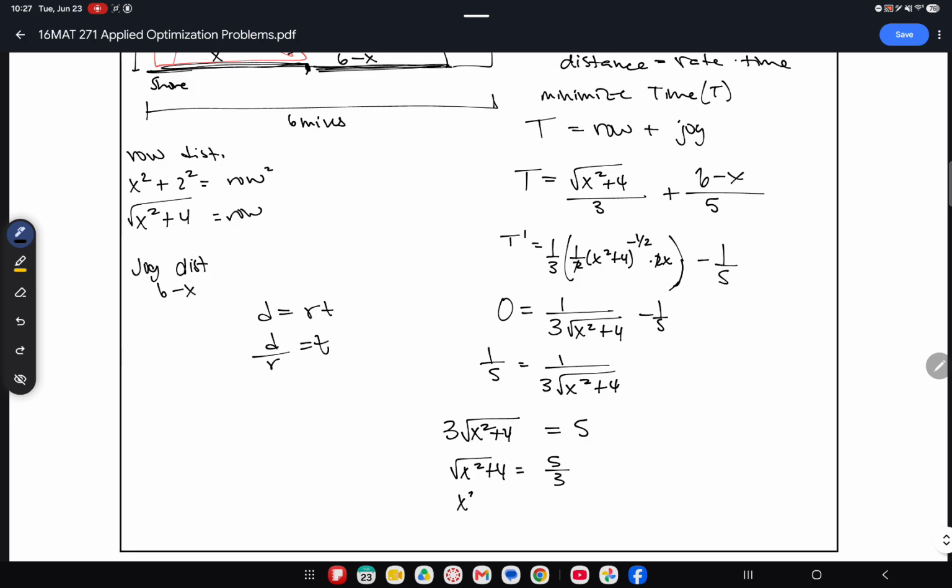Square both sides. Subtract 4. I'm running out of room here. Let's see if I subtract 4. It's really subtracting 36 over 9. Right?